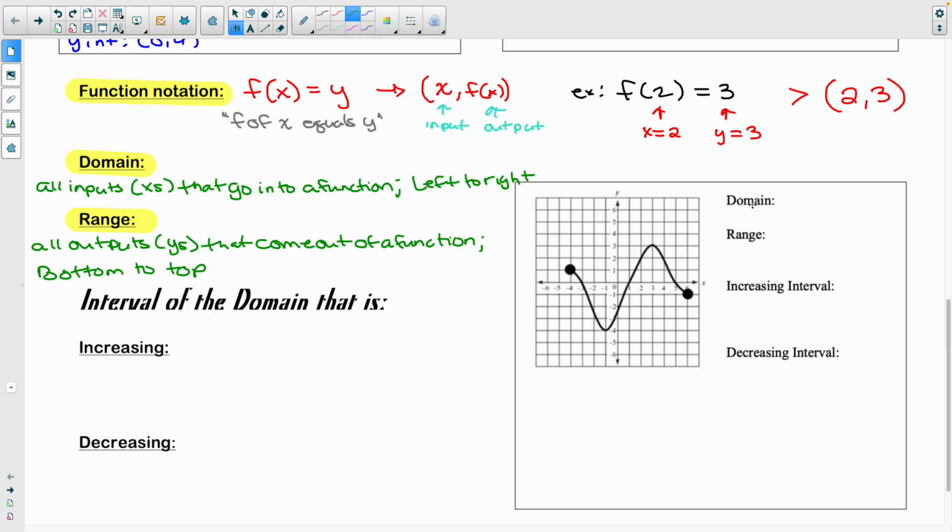Our domain, we want to find the values of our x's that it starts at and that it ends at. So if we're looking at our x's here, the very first coordinate on the left-hand side is at -4, 1. So that means that our x values start at -4.